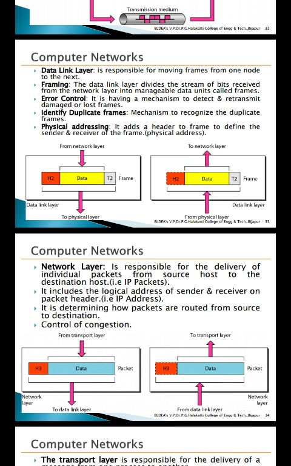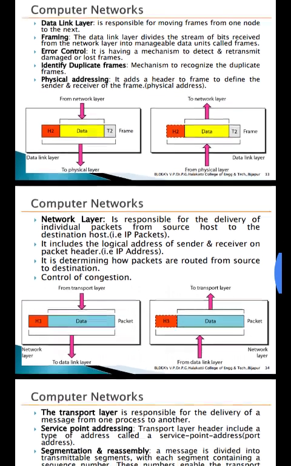If there is an error, it is detected, and if possible corrected; otherwise the frame is discarded and the sender is requested to retransmit it. This is the error control mechanism to detect and retransmit damaged or lost frames. Another one is that it also has a mechanism to identify duplicate frames.